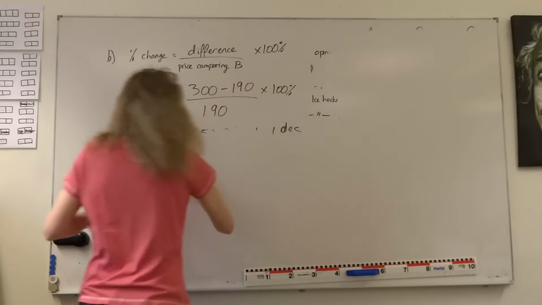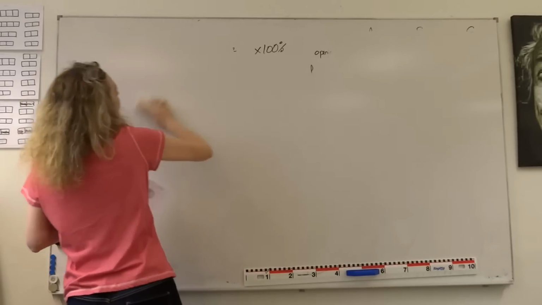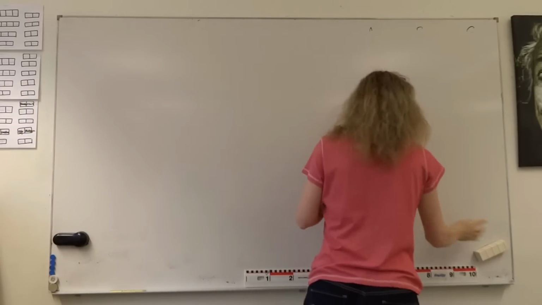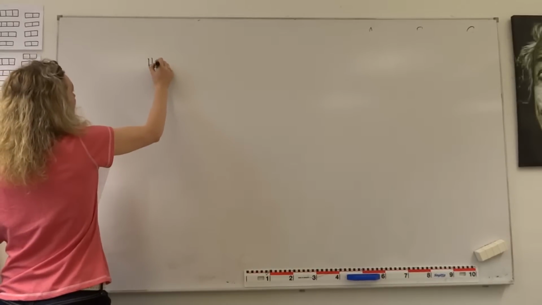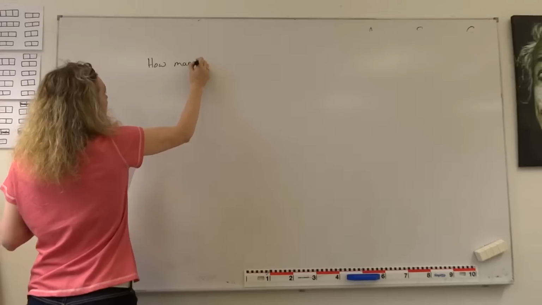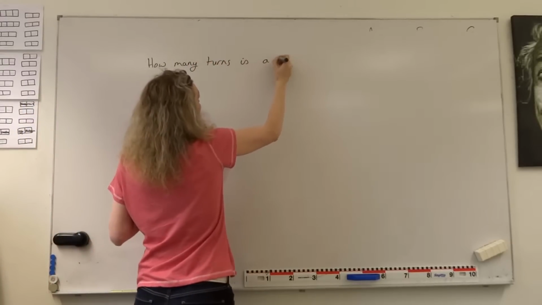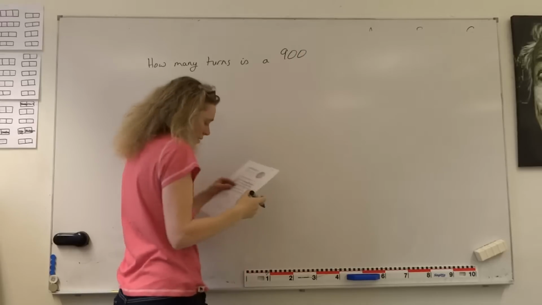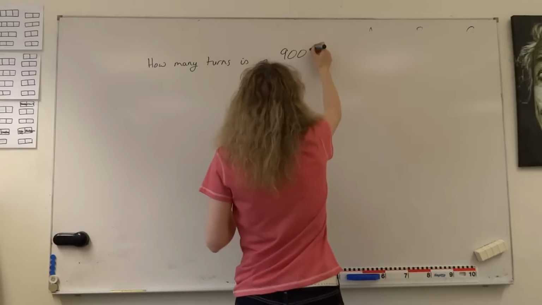Then after that, we are looking at tricks on a snowboard. And the question is, how many turns is a 900 degree turn?